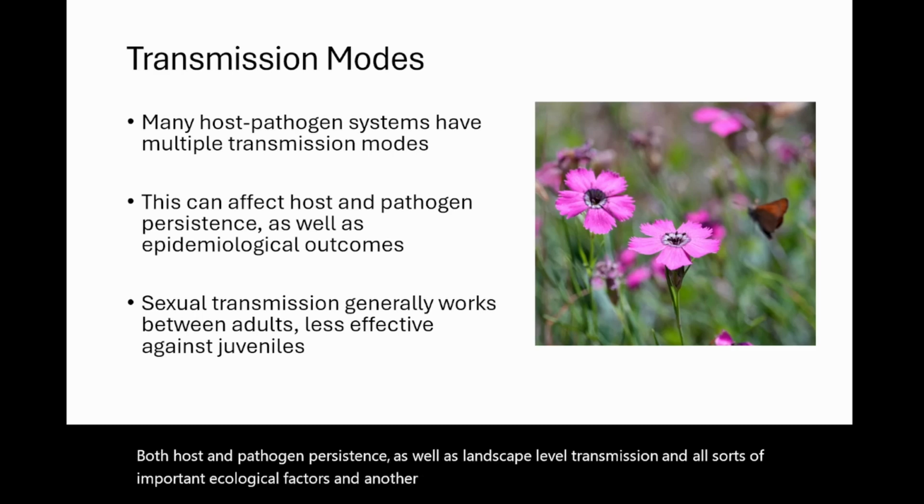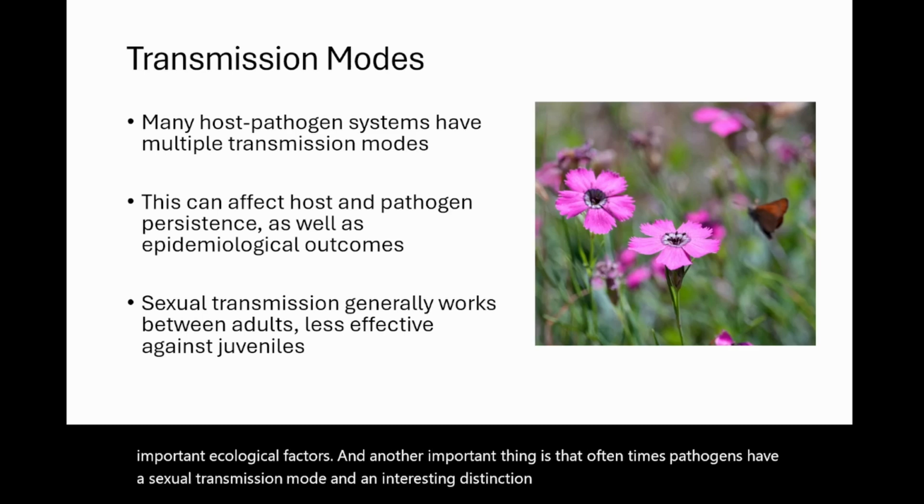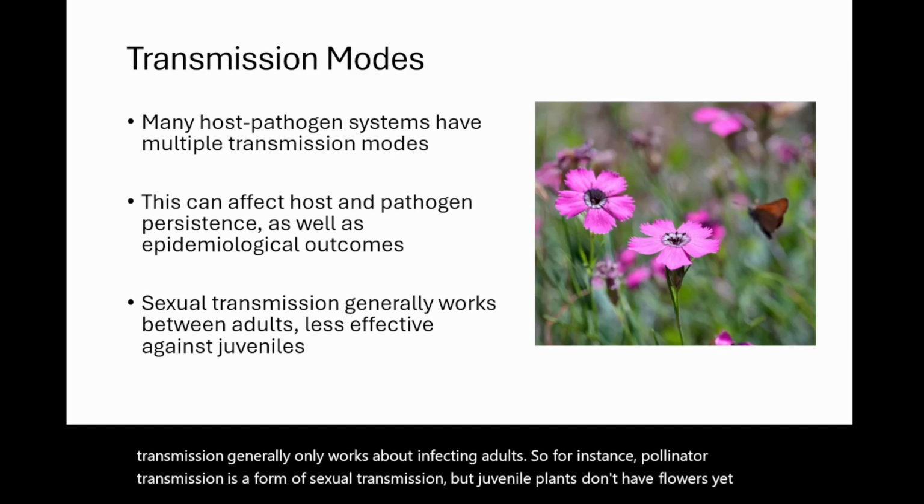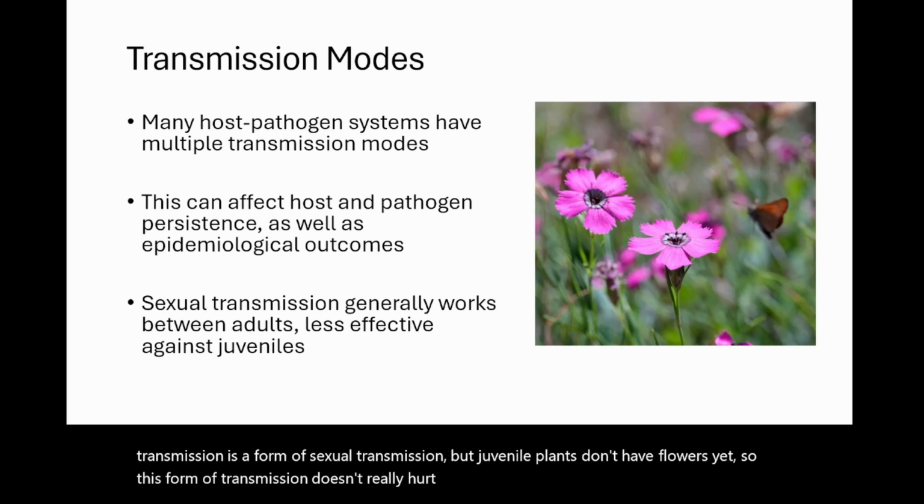And another important thing is that oftentimes pathogens have a sexual transmission mode. And an interesting distinction about this is that sexual transmission generally only works about infecting adults. So for instance, pollinator transmission is a form of sexual transmission, but juvenile plants don't have flowers yet, so this form of transmission doesn't really hurt them so much.